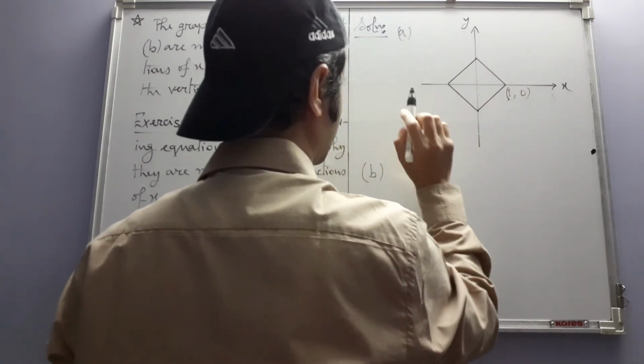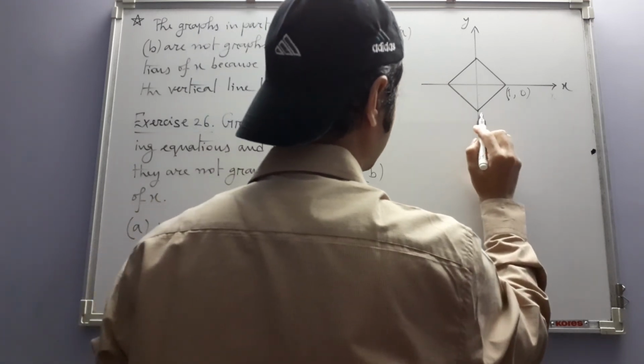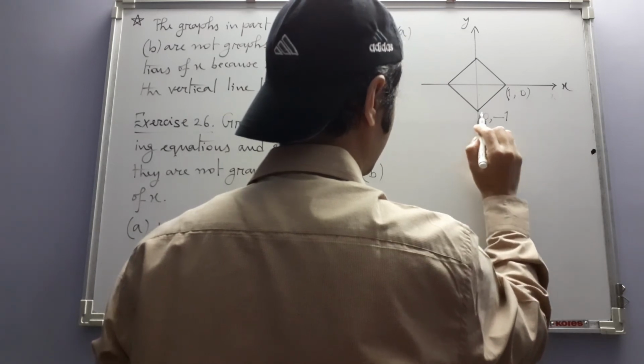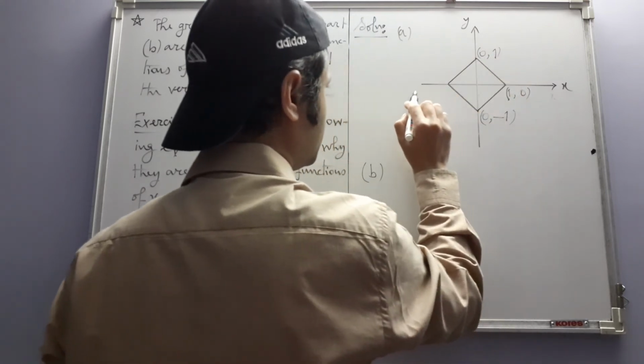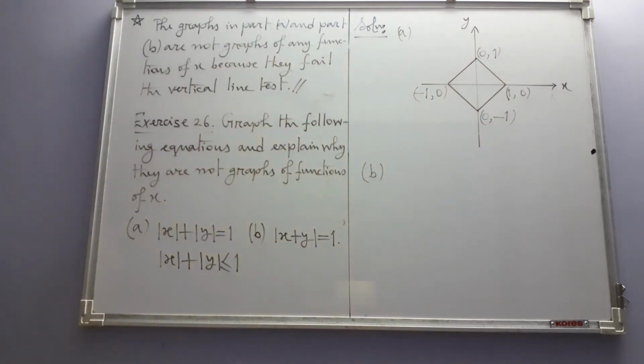These coordinates will make this absolute. I mean, we will know exactly what we have drawn. 0, 1, minus 1, 0. Just give me a moment.